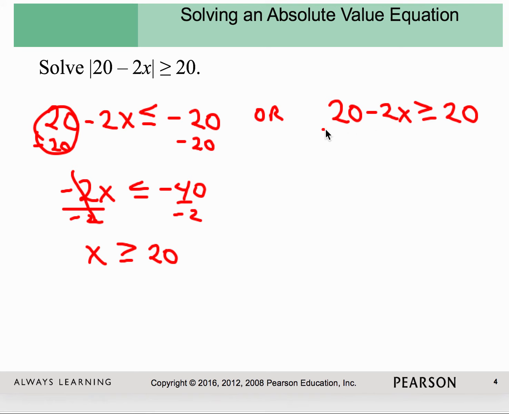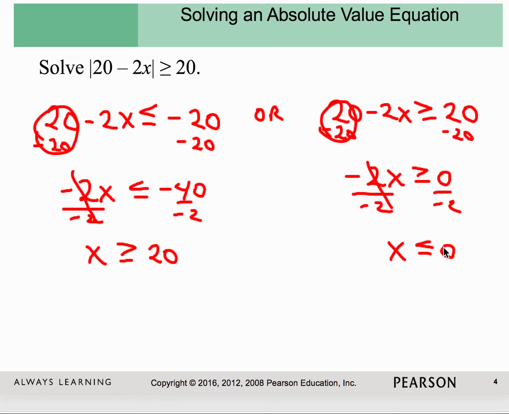Okay, and now let's solve this one. Because I'm dividing by a negative, I got to change that sign. Okay, it's an or. If I need to graph it to help me with that, that's fine.